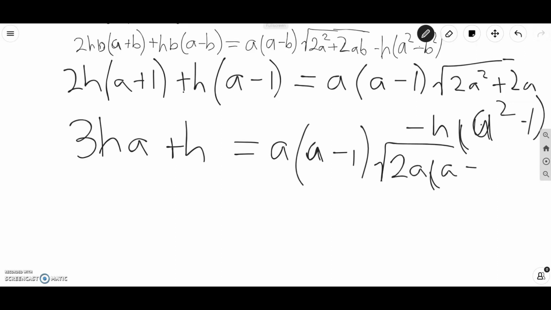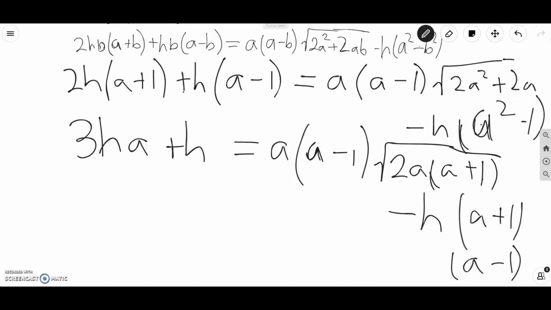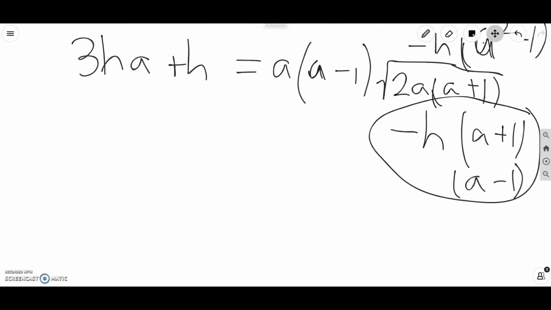We'll see why this is helpful soon. Minus h times a plus 1 times a minus 1. So our goal here is to basically try to square both sides elegantly. The nice thing is we can move this circled term to the left-hand side, and hopefully after that we can square both sides.